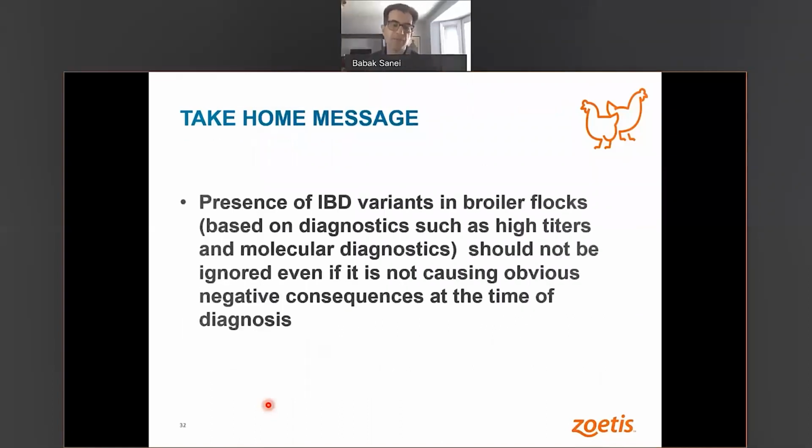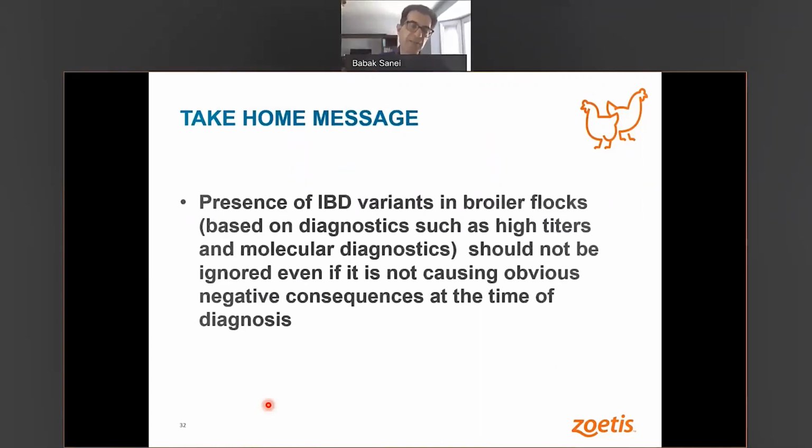Take-home message for me for the last slide is that because these variant strains do not always cause very overt problems, do not underestimate them. If you don't deal with them, just saying, well, I know I have titers at the processing, I have a little bit of FCR higher, but I'm okay with it, it's not hurting me.